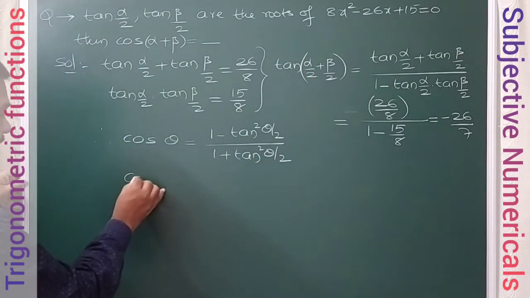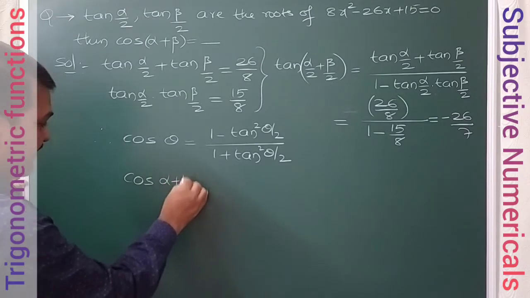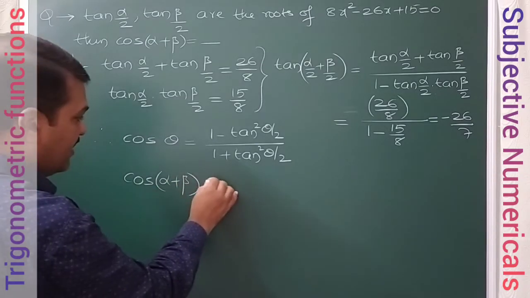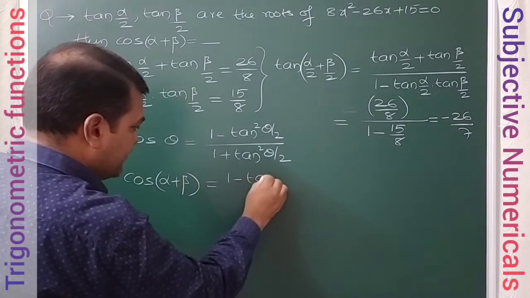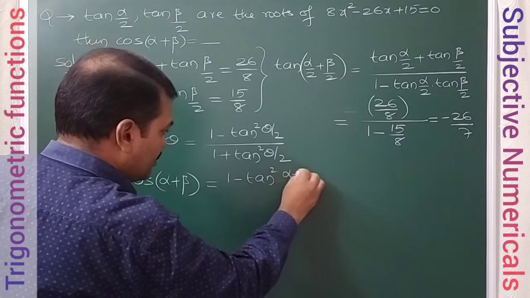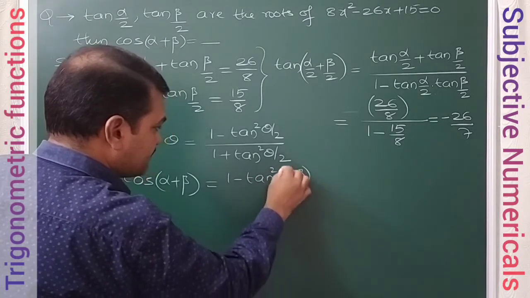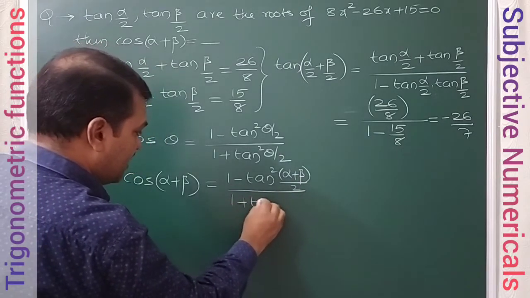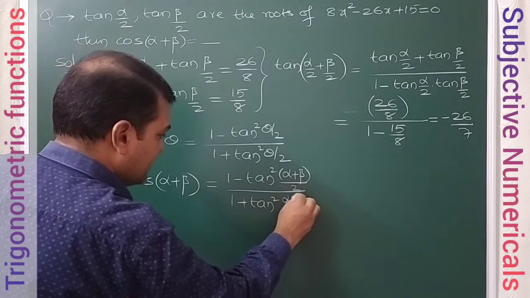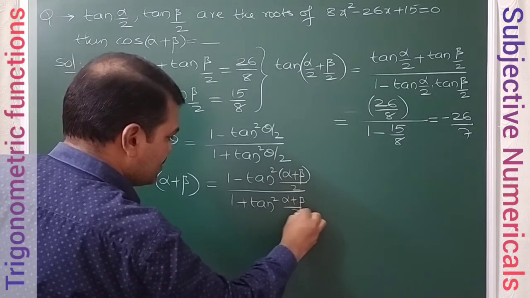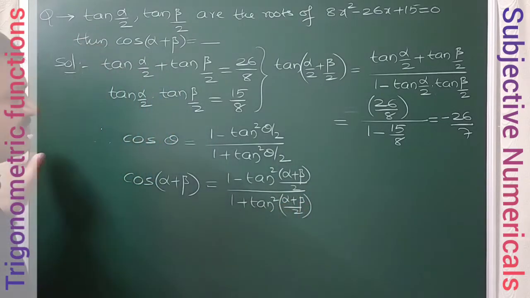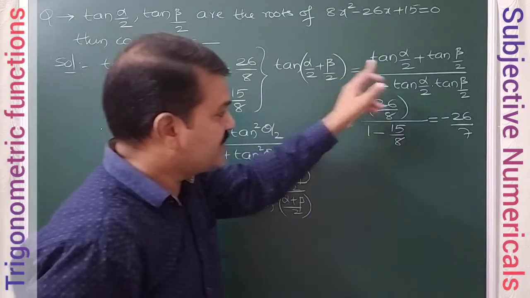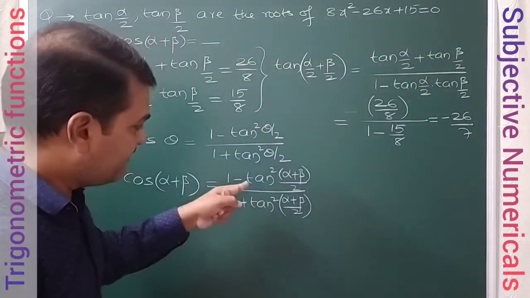Just in place of theta, you put alpha plus beta. Okay, so then the formula looks like this. Now you can use the tan alpha plus beta by 2 value, which is minus 26 by 7.